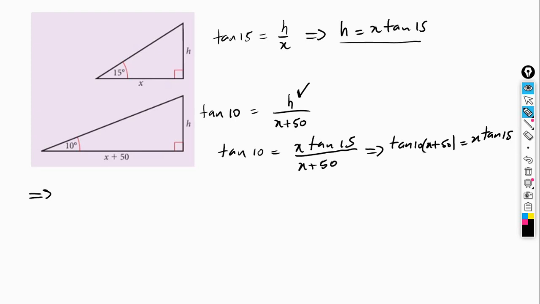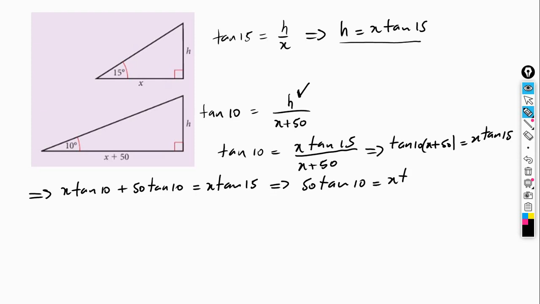So we're going to get x times tangent of 10 plus 50 times tangent of 10 is equal to x times tangent of 15. And then we can rewrite this as 50 times tangent of 10 is equal to x times tangent 15 minus x tangent 10.